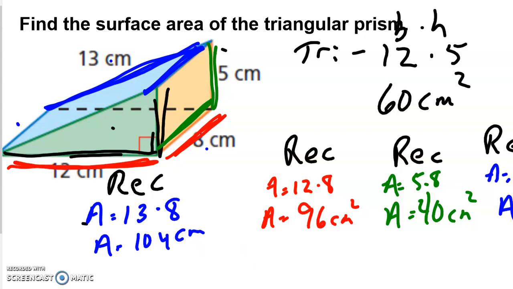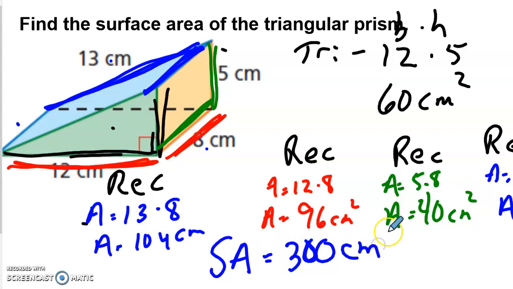Now, all we need is the grand total. I'm going to add 60, 104, 96, and 40, and we're going to come up with a surface area of 300 centimeters squared.